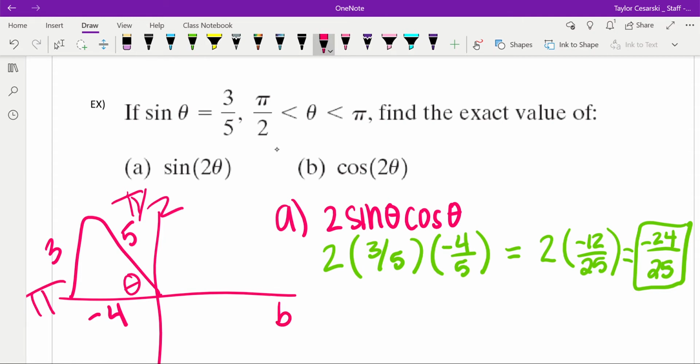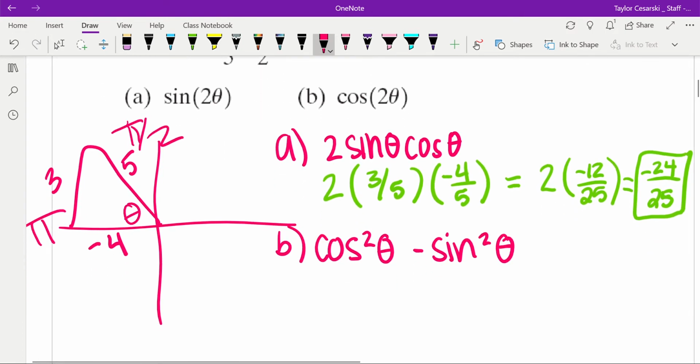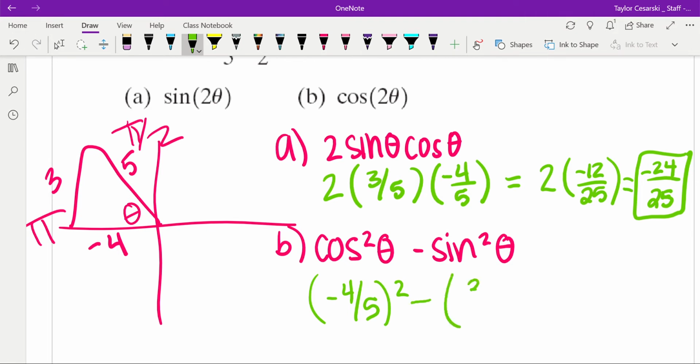Next we have B, cosine of 2 theta. For this one, it's not really going to matter which identity you choose. It's not going to make it any easier or more difficult. I'm just going to go with the first one: cosine squared of theta minus sine squared of theta. We said cosine of theta was -4/5, adjacent over hypotenuse, but I'm going to square it, minus sine of theta squared.